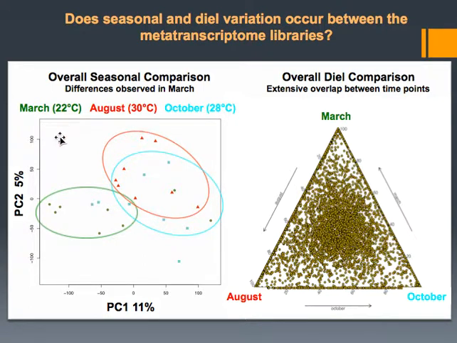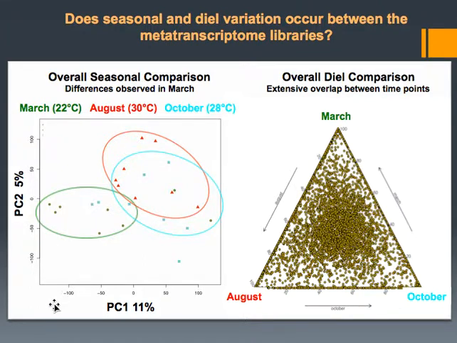Here I've plotted the samples from March, August, and October. What we can see is there is about 11% of the variation here. So there's about 11% difference or variation that we can explain by the seasons. There seems to be some seasonal variation occurring within these populations of microbes within the thrombolites.